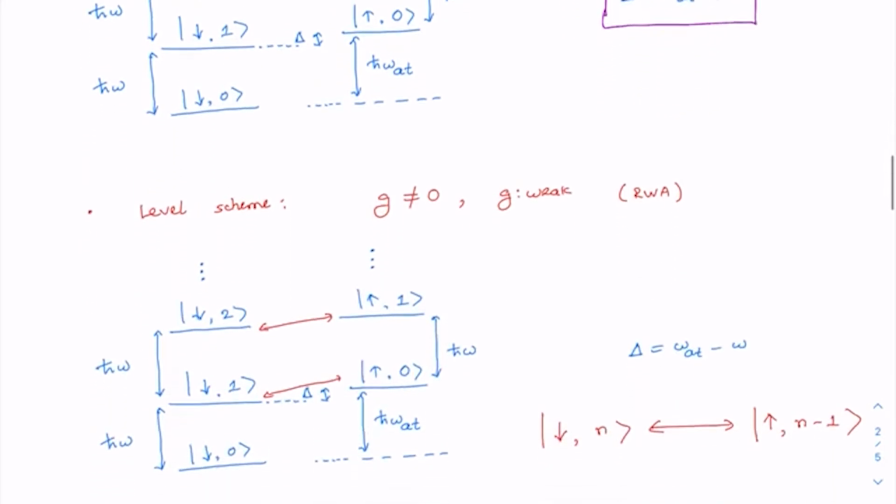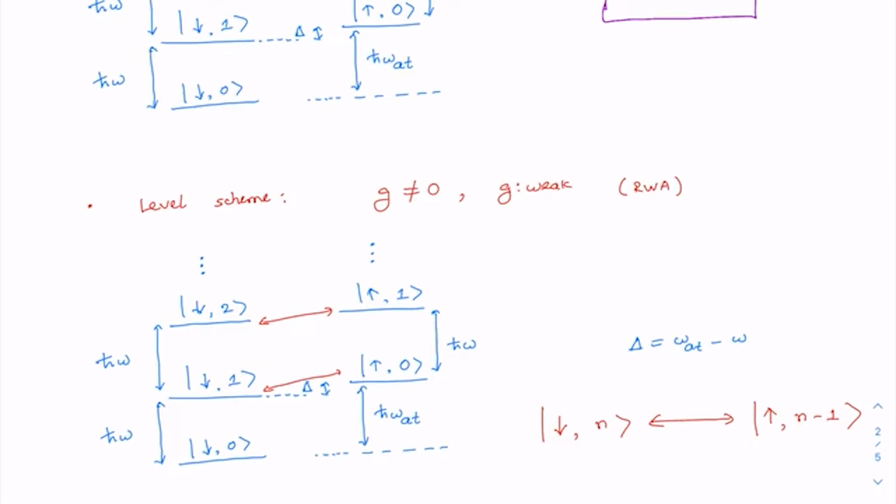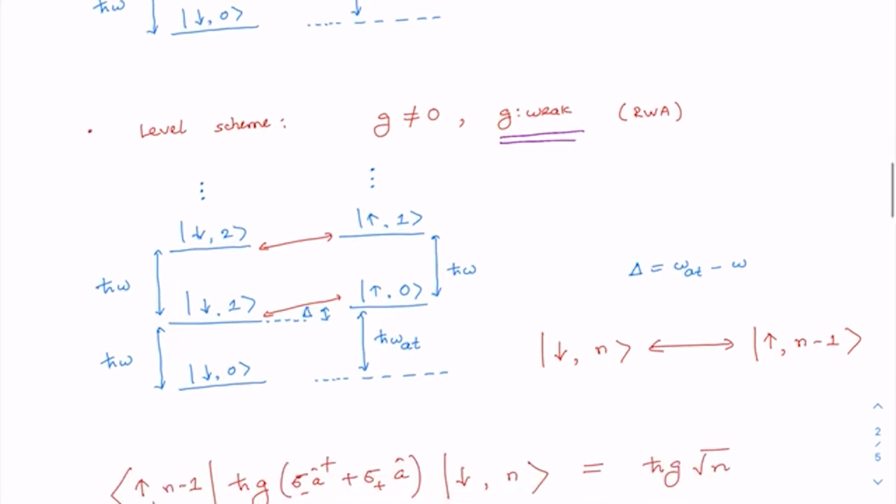On the other hand, when the coupling parameter is no longer 0, but the coupling is very weak, then under the rotating wave approximation only the neighboring energy levels matter, and we can ignore interaction between the far away energy levels. Therefore we can take the basis states to be like this, where either the atom is in the ground state with n photons in the field mode, or the atom is in the excited state with one less photon in the field mode.